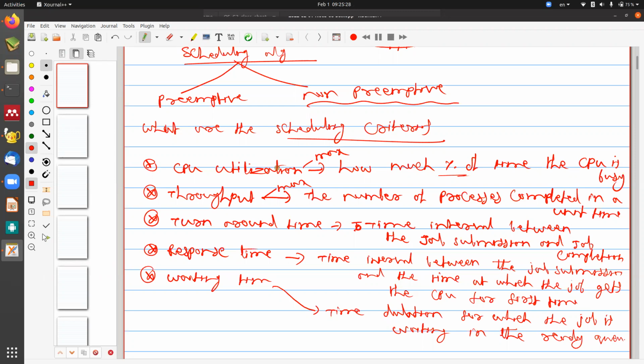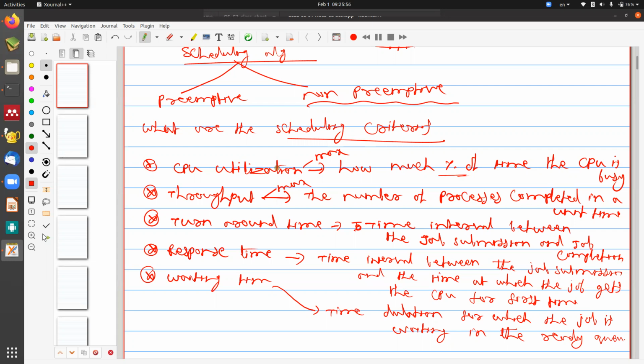But if I have a lot of jobs and still my CPU utilization is 20%, it means most of the time the CPU is idle, which is not good. So we require the maximum CPU utilization. Similarly, in case of throughput, the more processes completed, the better my algorithm will be. So what is a turnaround, response, and waiting time?